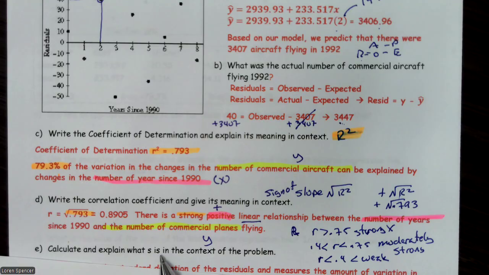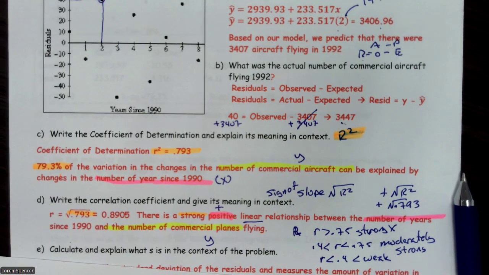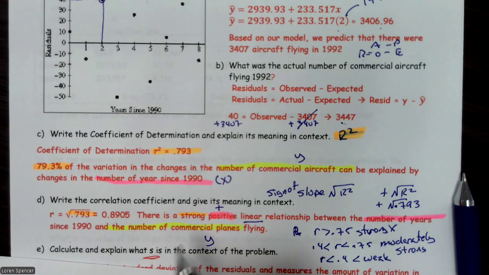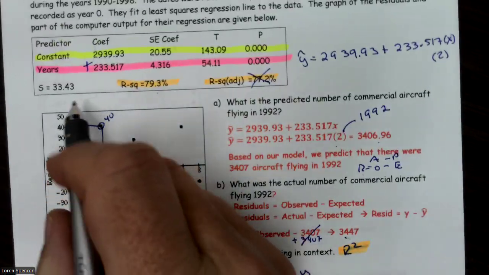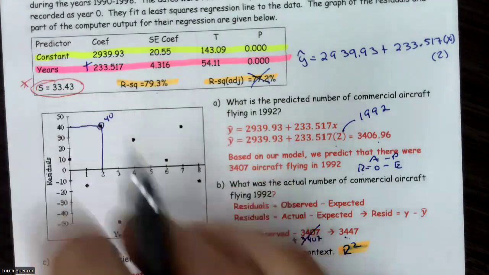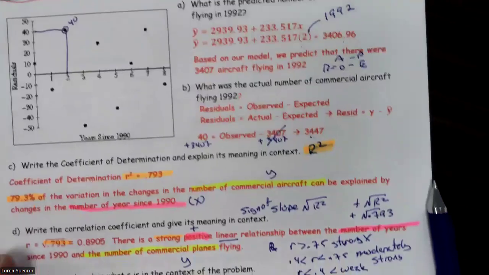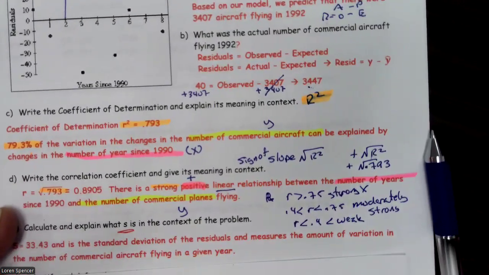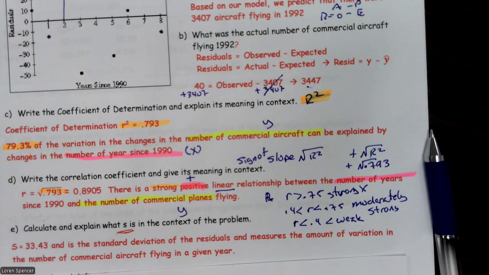It says calculate and explain what S is in the context of the problem. Well, I'm just looking for a lonely S up there. When I hunt around, S is 33.43. And remember, that's the standard deviation of the residuals. So S is 33.43 and is the standard deviation of the residuals and measures the amount of variation in the number of commercial aircraft flying in a given year.